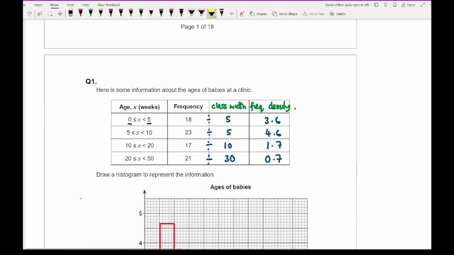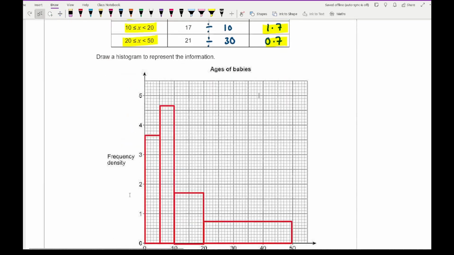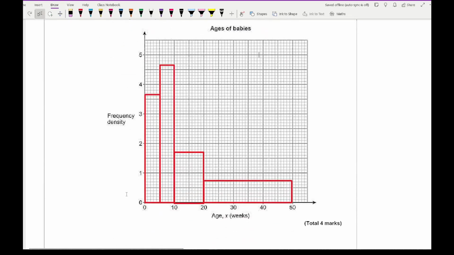So then what I need to plot is, going along the x-axis is my class width, so they're the widths of the bars, and then going up, the heights of those bars need to be the frequency densities. So you should end up having something that looks like this. And again, make sure that you are checking the heights of each of those bars.